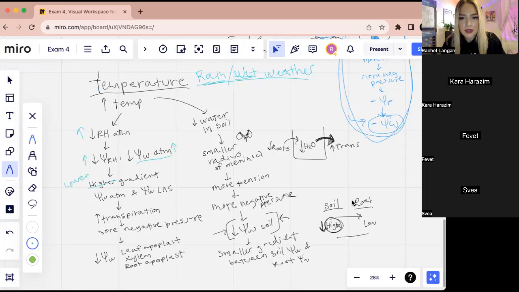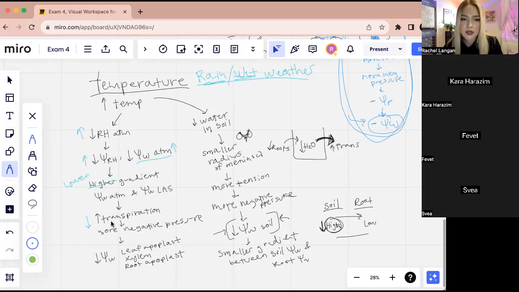Again, if you want water to move high to low, and you make the low part too high, then you've decreased the gradient. You've made the difference a lot less different.